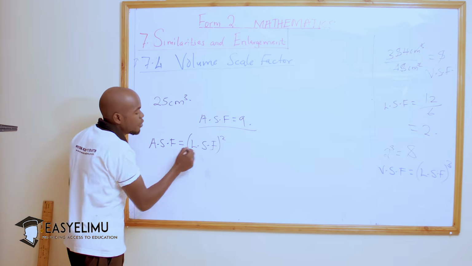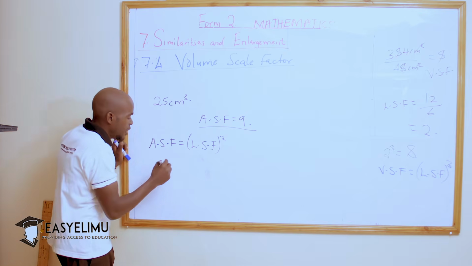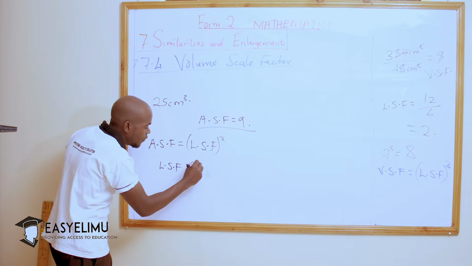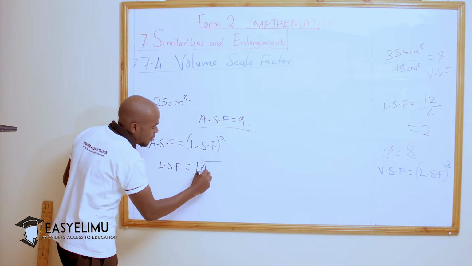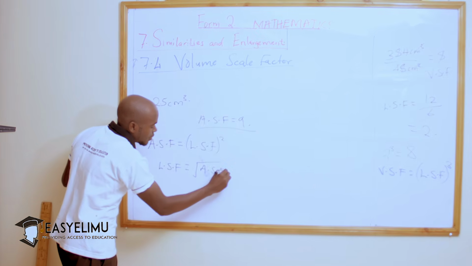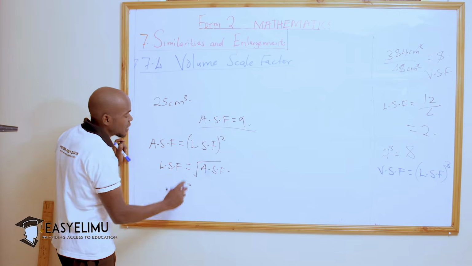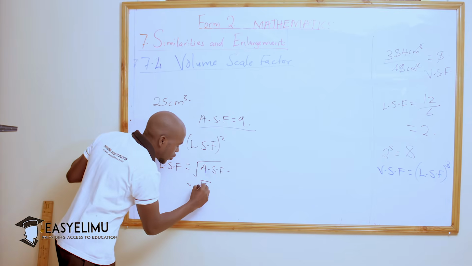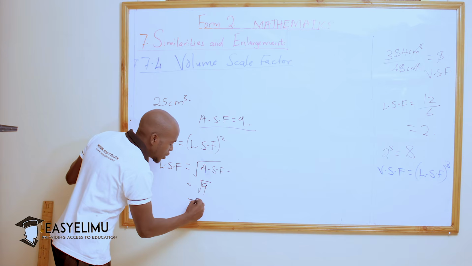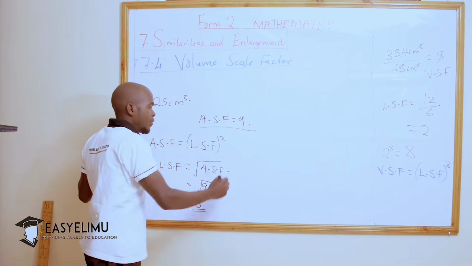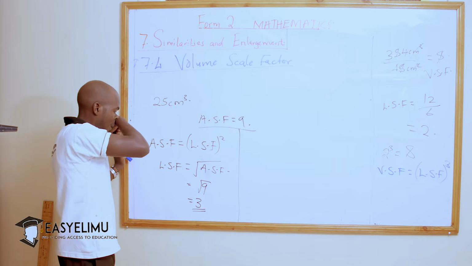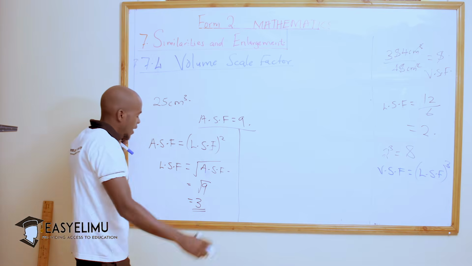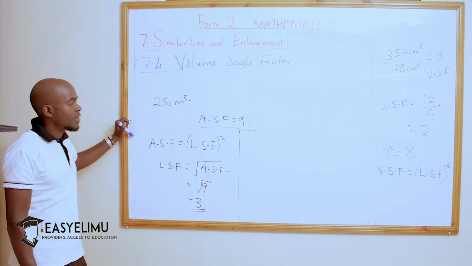So meaning that if you want the linear scale factor, then you have to find the square root of the area scale factor. In this case, we are required to find the square root of 9, and we shall find it as 3. So the linear scale factor is 3.